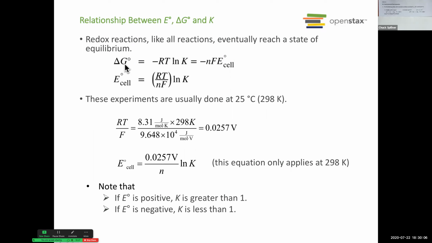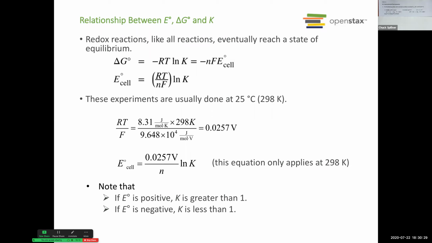So we learned previously that the standard free energy change is equal to minus RT log K. And we just learned in the previous slide that delta G is also equal to electrical energy, free energy in terms of cell potentials, minus nFE.